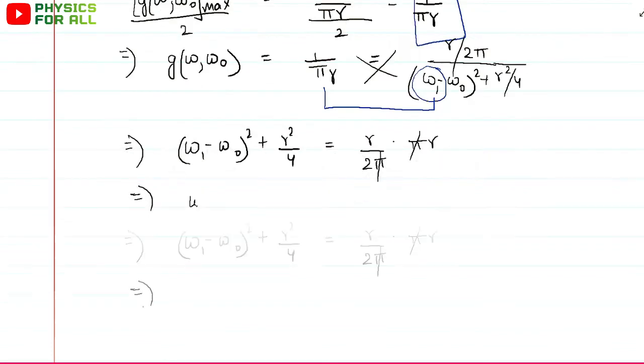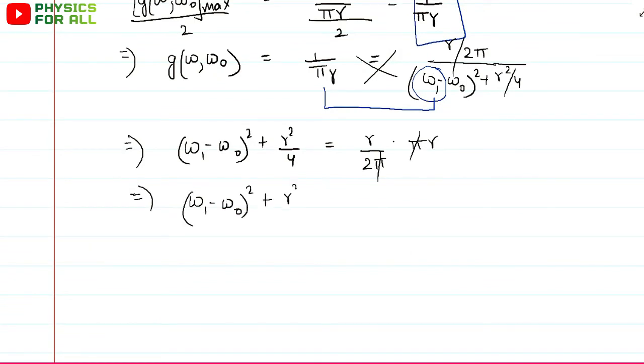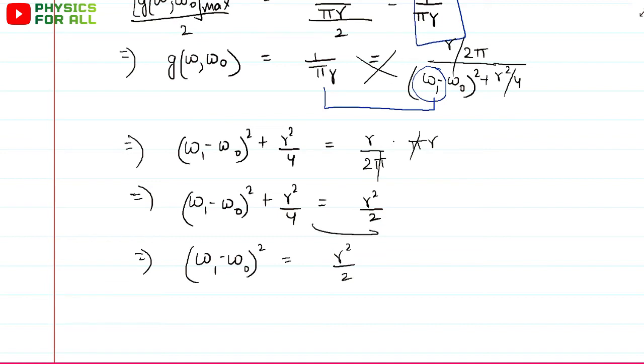That means omega 1 minus omega naught whole square plus gamma square by 4 is equal to gamma square by 2. Further, omega 1 minus omega naught whole square is equal to gamma square by 2. This would go here, so minus gamma square by 4.